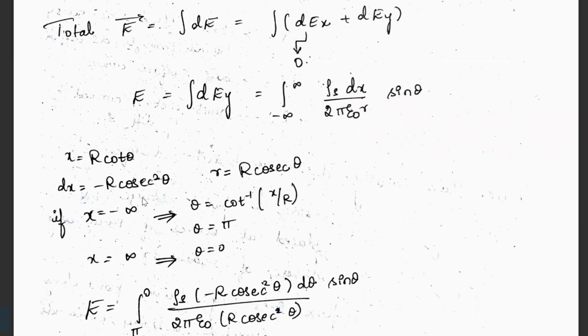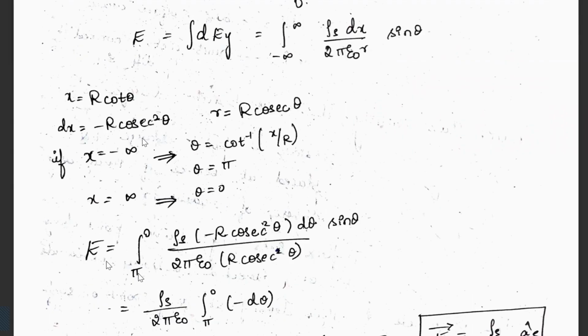If x is equal to minus infinity, theta is equal to what? Cot inverse of x by r. So theta will be pi. If x is equal to infinity, then theta will be 0. Now for that condition, electric field from pi to 0, this rho s dx, replace it with this d theta and sine theta divided by 2 pi epsilon naught.